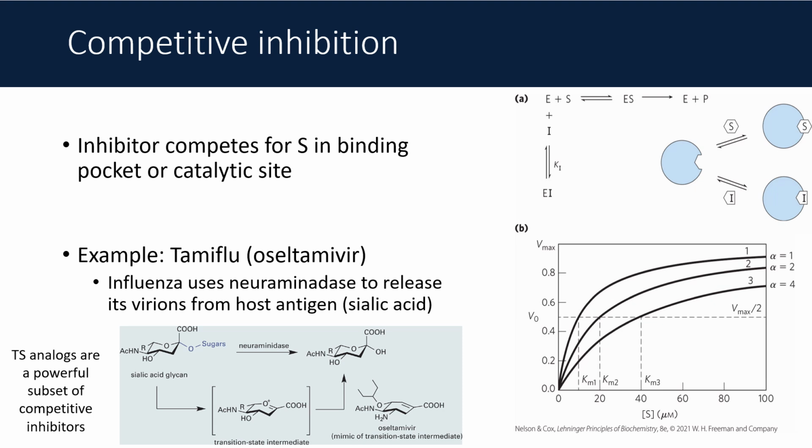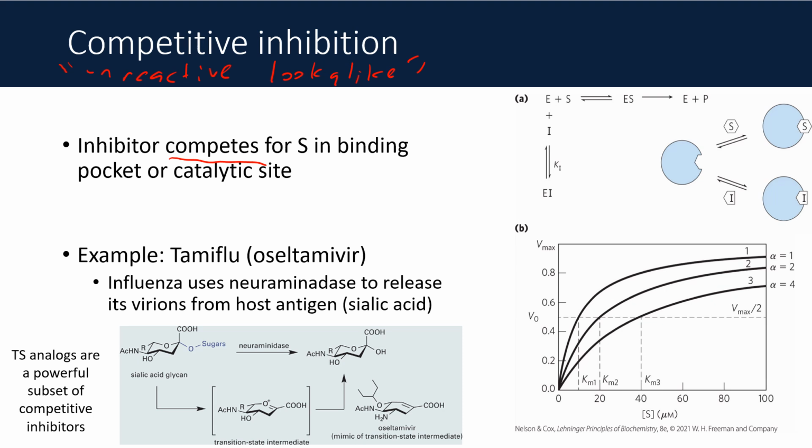Here, the inhibitor is an unreactive lookalike. If you were to add a competitive inhibitor to a solution of enzyme and substrate, it is going to literally compete for binding at the catalytic site.